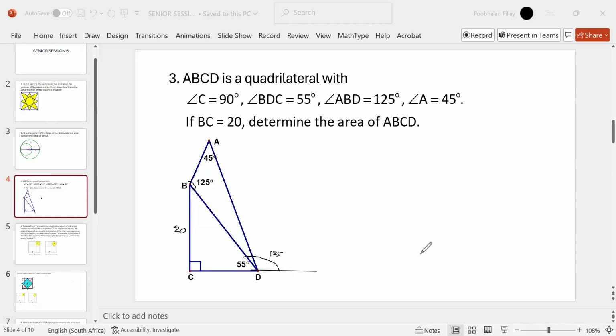Okay. All right. So then you say, well, wait a minute. You got 125, 125, and this side here is common. Why don't we try to create two congruent triangles here? So I've extended this, but I haven't said how much I've extended it to. So why don't I extend it to the same length as AB?